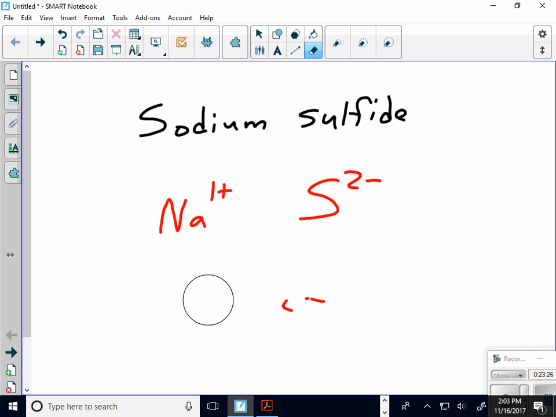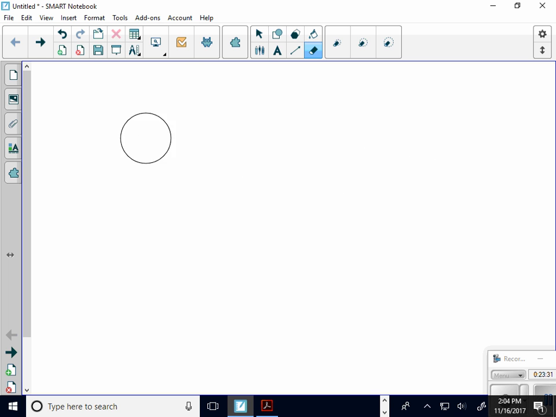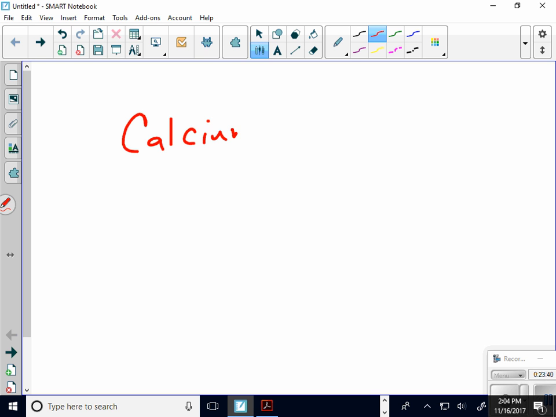Let's look at another one: calcium phosphide. What's my charge for calcium going to be? It's going to be Ca2+, right?